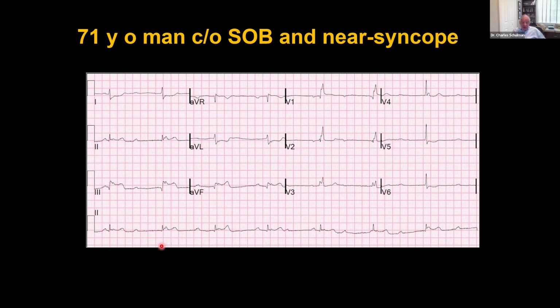And what you can also see is that the P waves kind of march right through. There are no fixed PR intervals here. This one, as a matter of fact, is right on top of a QRS. Okay, so if it's right on top of a QRS, that implies AV dissociation. This is third degree AV block.